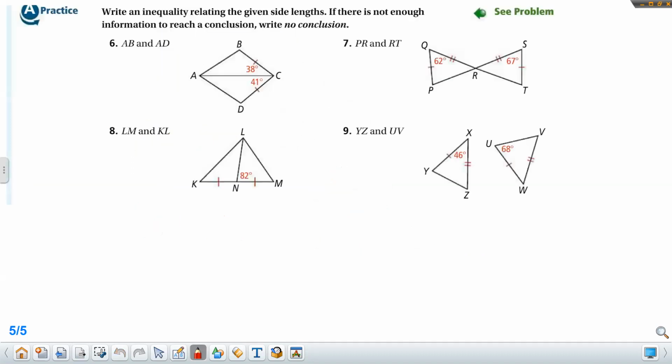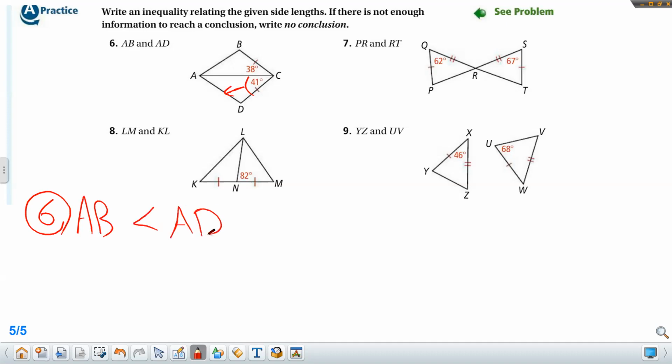The next one: write an inequality relating the given side lengths. If there is not enough information to reach a conclusion, write no conclusion. Number 6: AB is bigger than AD, or AD is bigger than AB? First, BC equals CD and CA is a common side. Then the biggest angle is opposite to the biggest side. So we can say AB is less than AD.